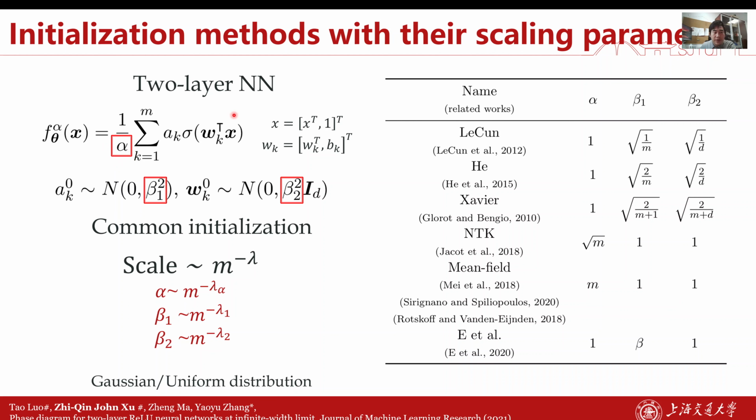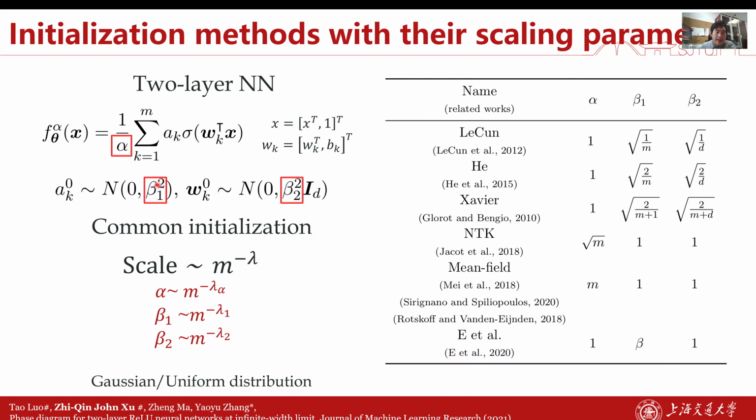To train this neural network, we need to initialize these trainable parameters A and W. Usually, we can initialize these parameters by Gaussian distribution or uniform distribution. And what we care most about is the scale of this initialization. For Gaussian distribution, we initialize with zero mean, and for A and W, we use different variances.